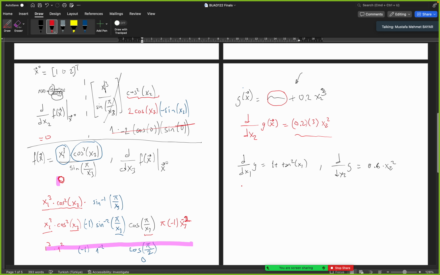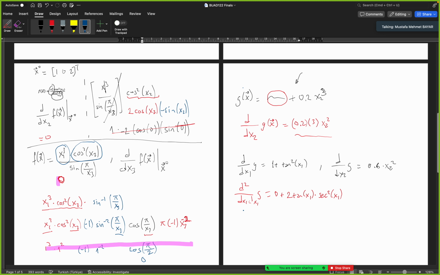Then d squared over dx1 squared of g is just equal to 0 plus 2 times tangent of x1 times secant squared of x1. This is by the chain rule.